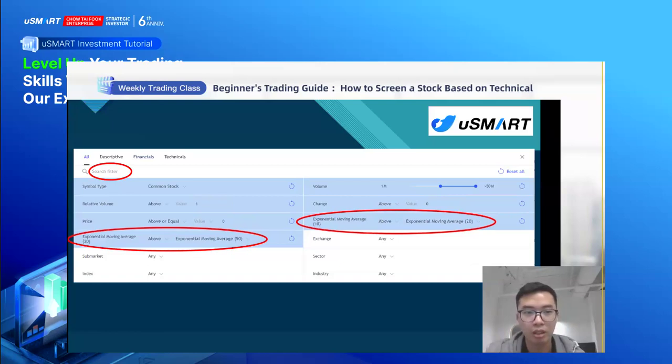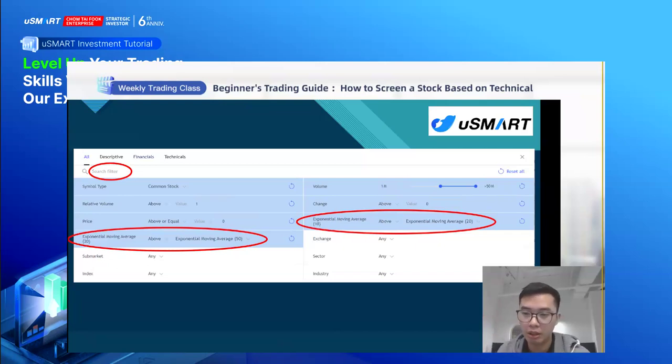All right. So the relative volume is above 1. The volume I usually pick between 1 million to more than 50 million. I don't want the volume to be too low. Then after you filter, I sort by the highest market cap to the lowest market cap.